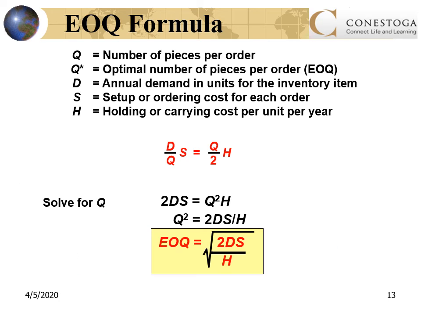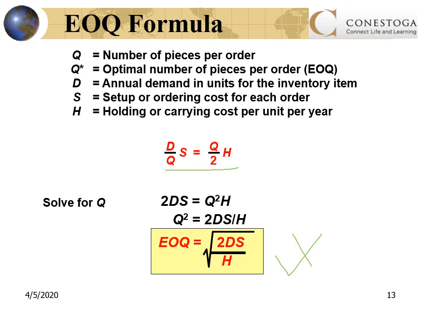So if I equate D by Q multiplied by S to Q by 2 multiplied by H, I get the equation for economic order quantity: EOQ equals the square root of 2DS by H. Please remember that this formula is very important for your examination.